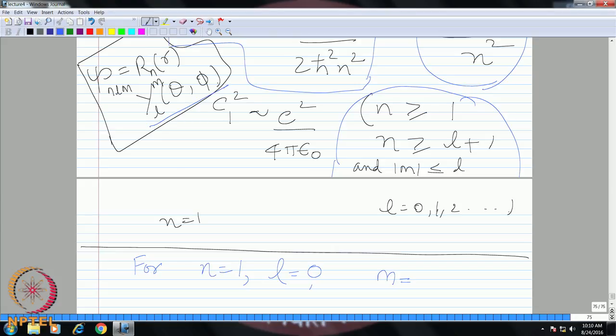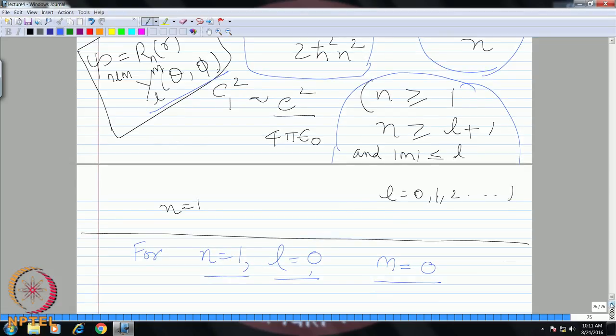And if L equal to 0, the value of m should be 0. Therefore, the degenerate state for n equal to 1 is L equal to 0, m equal to 0. So, this is one quantum state.